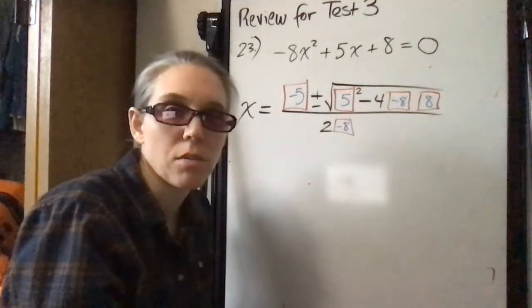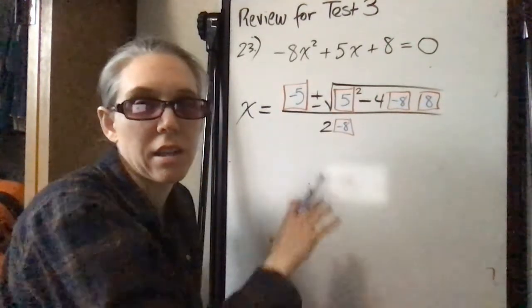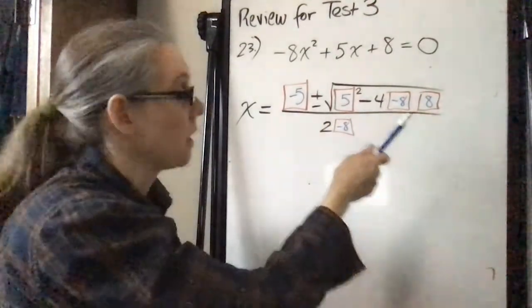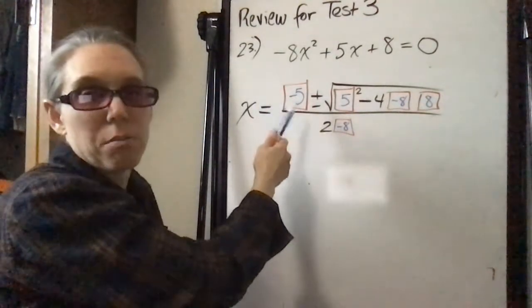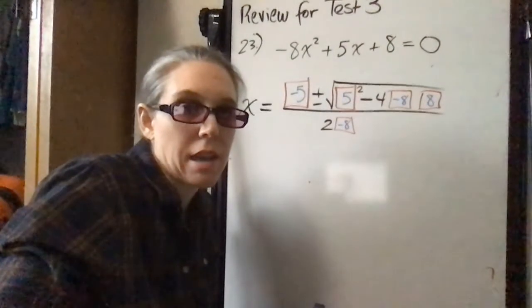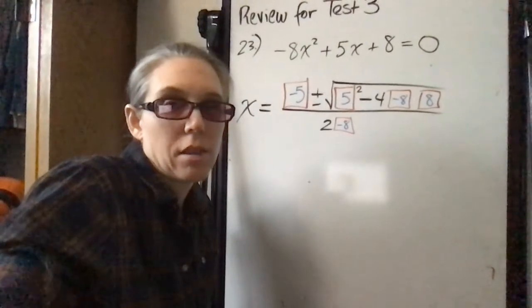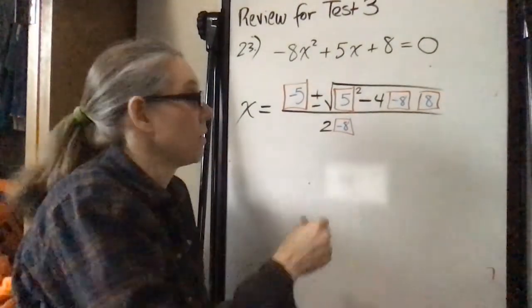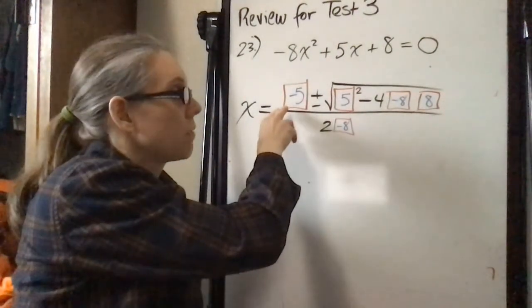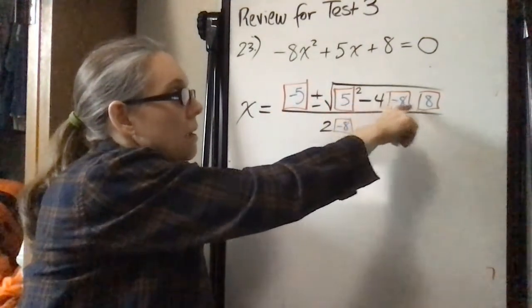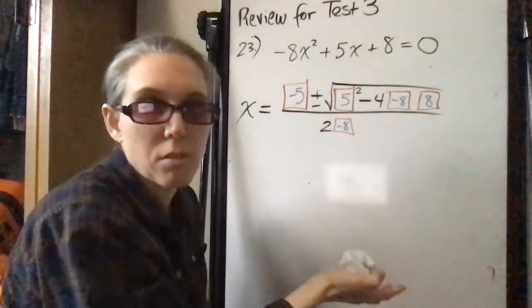So it's a really straightforward question. You just need to plug in the values of a, b, and c into the formula, except right here, this is a negative b, so you want to plug in a negative 5. Other than that, this will be b, a, c, and a, just like the formula.